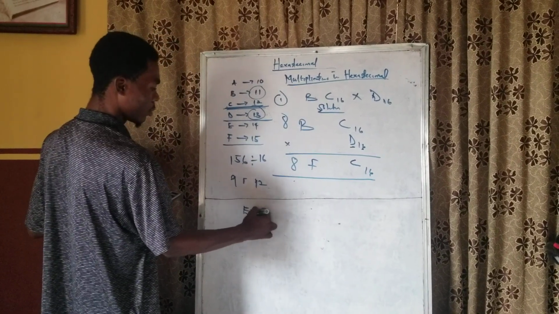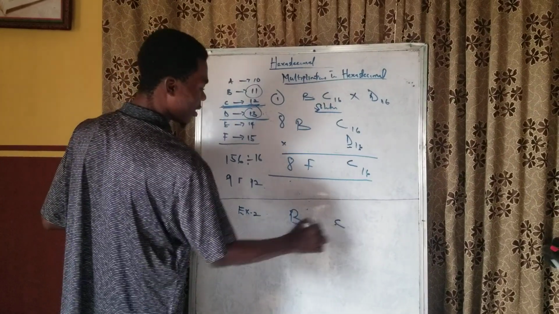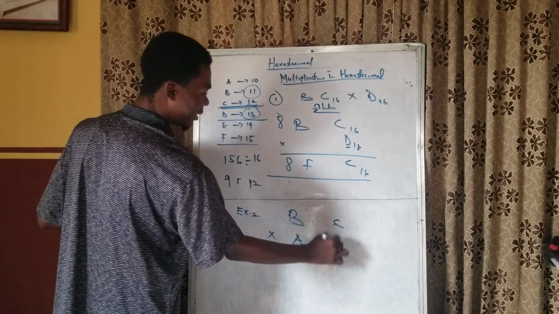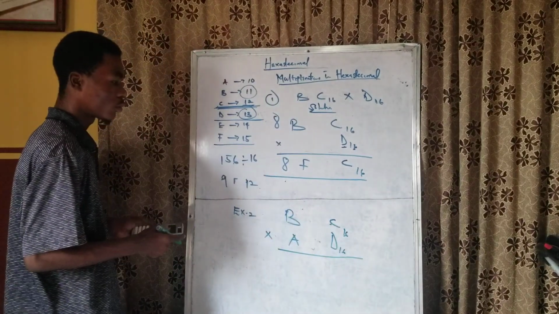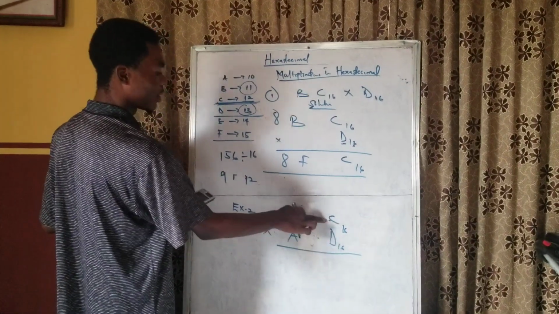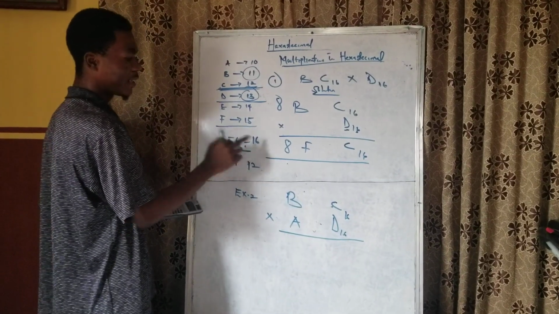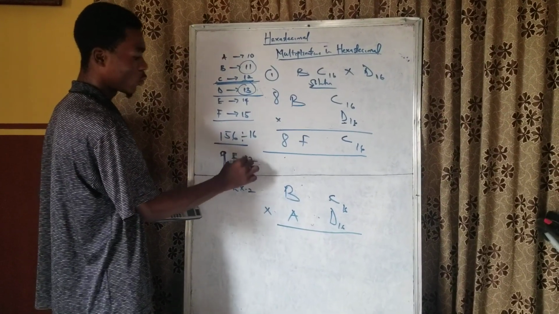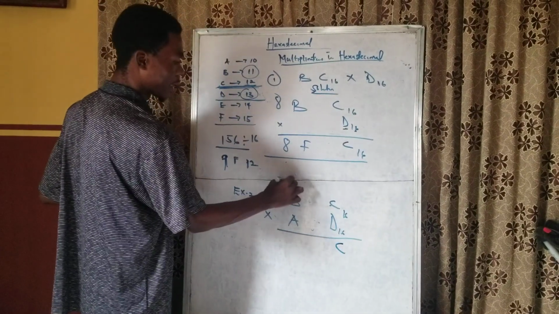Let's go to example 2. Let's say we are dealing with BC multiplied by AD, base 16. How are we going to go? Don't forget 13 multiplied by 12. That's 156. 156 divided by 16 is 9 remainder 12. Our 12 is C, then we keep 9.